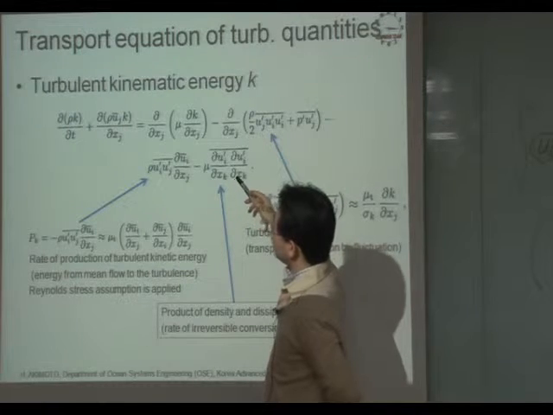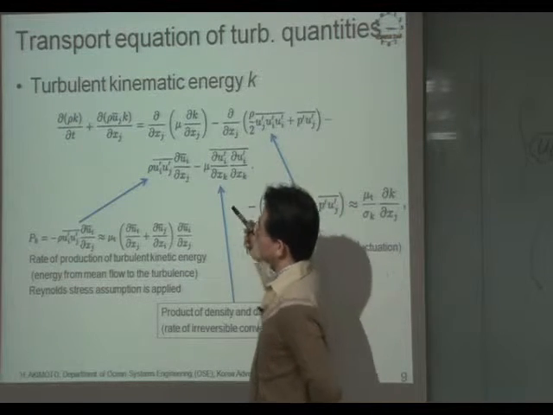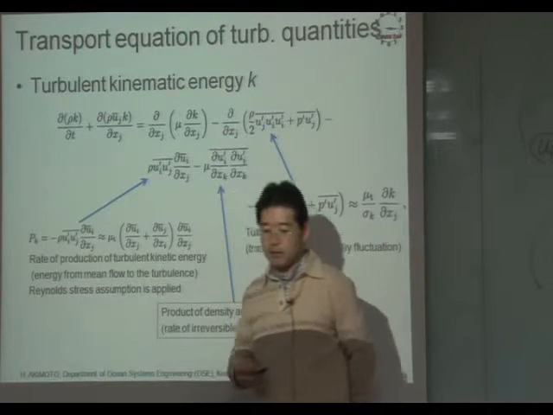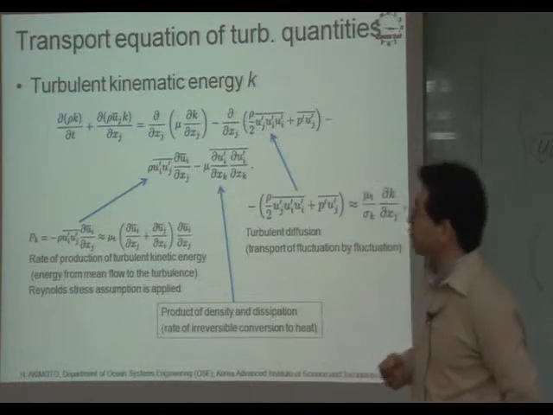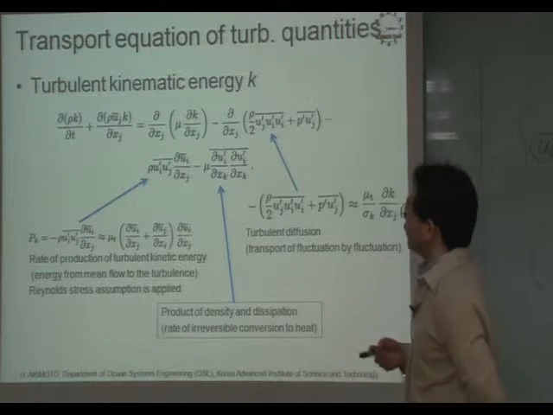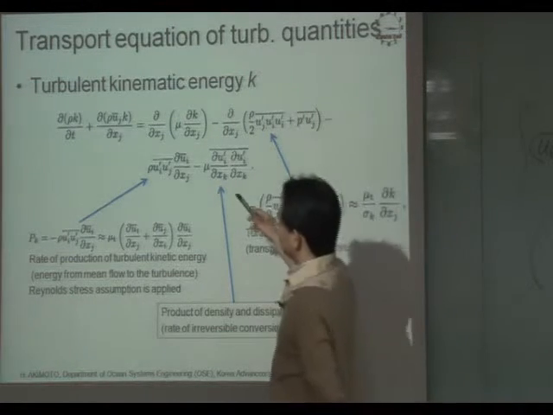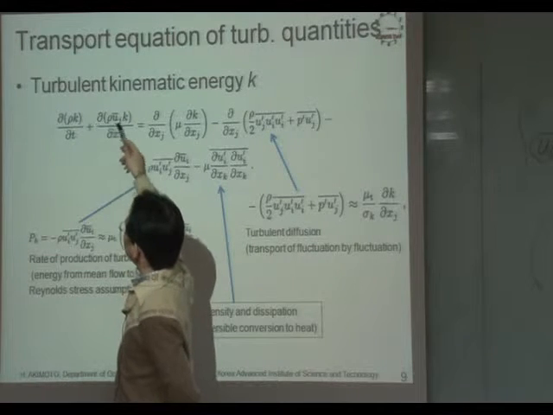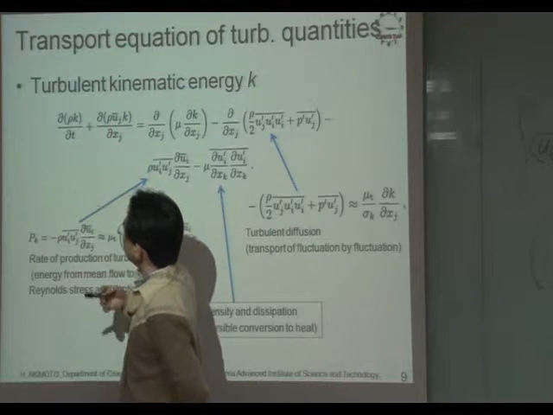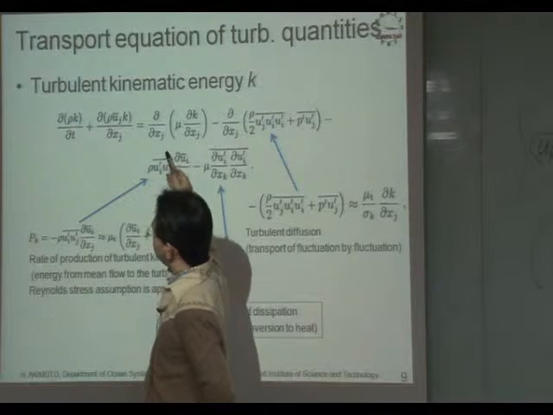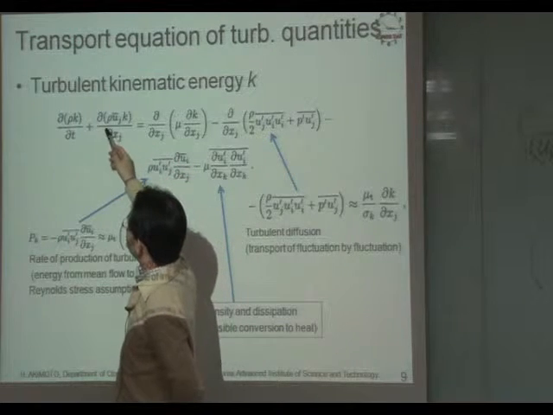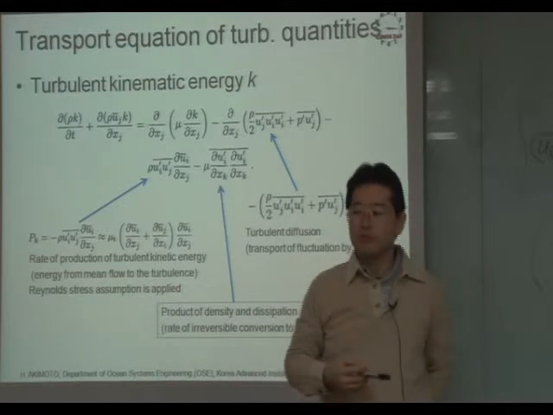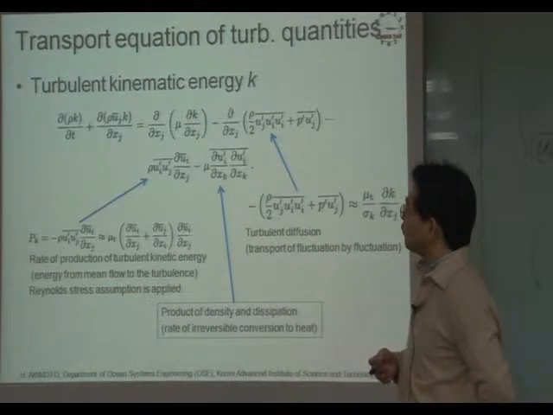After you get the equation of K, it has the form of a transport equation. The value of rho K in this form can be interpreted as transportation of turbulent kinematic energy by the mean flow field.